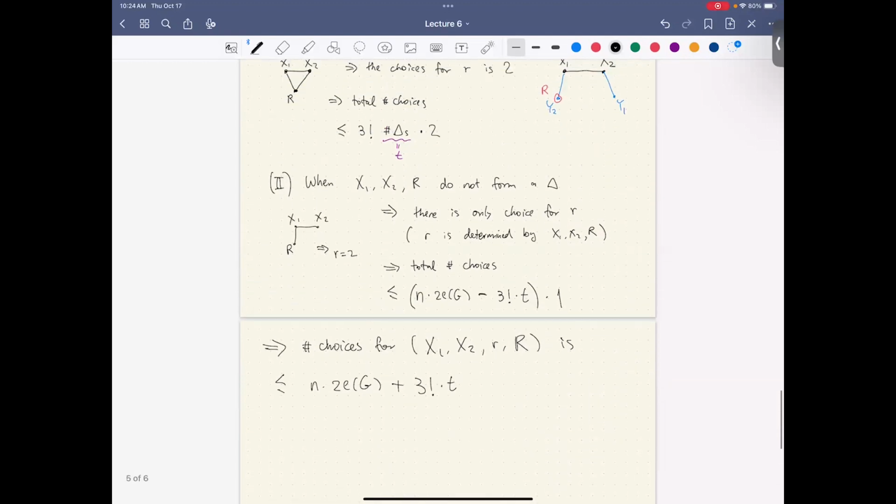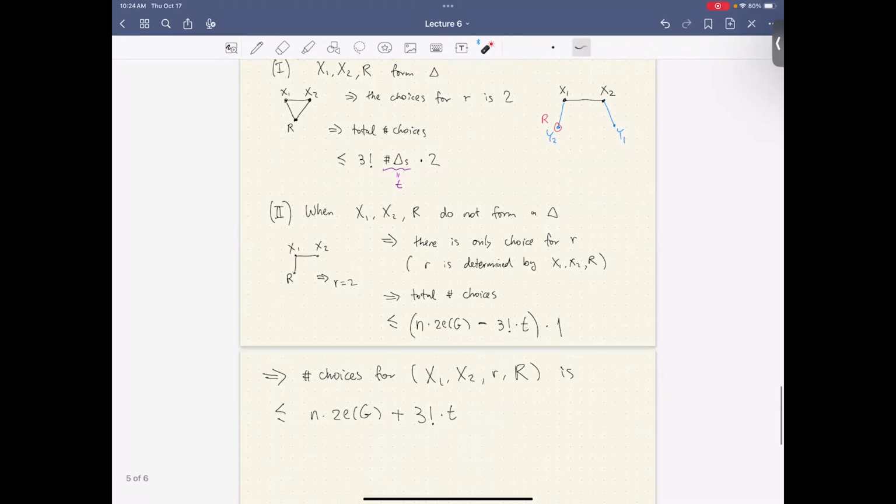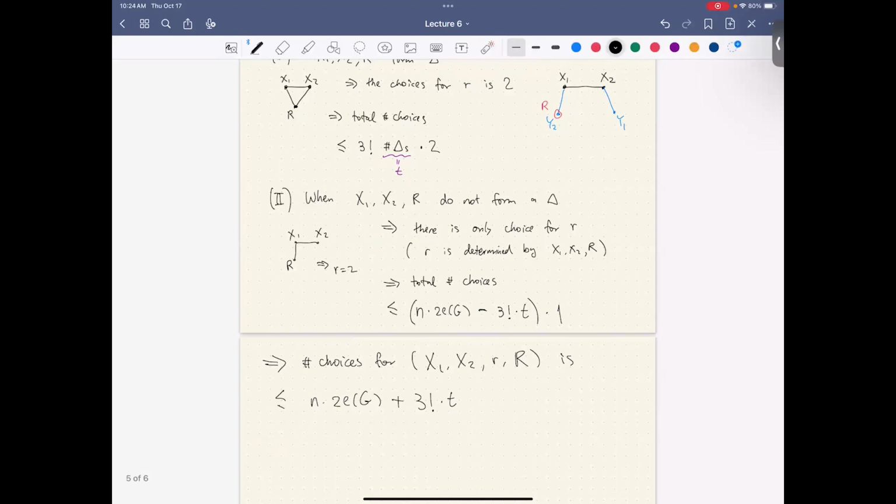Okay, that's it. So we have the joint entropy is at most log of this guy, where t is the number of triangles.